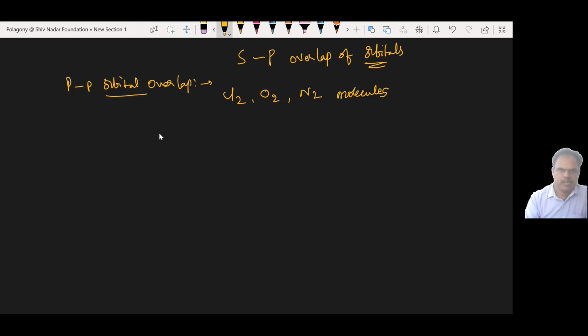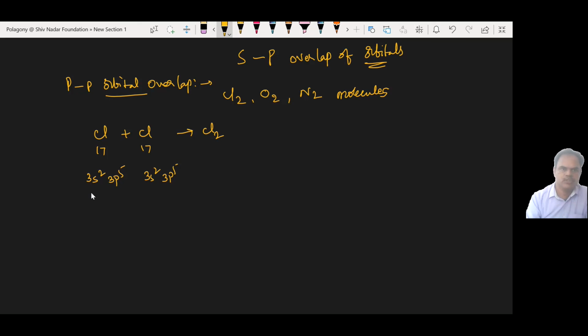Let us consider one chlorine atom approaching another chlorine atom to form a Cl2 molecule. As you know, chlorine's atomic number is 17, so its valence shell electronic configuration is 3s2 3p5, and the other chlorine atom also has 3s2 3p5.